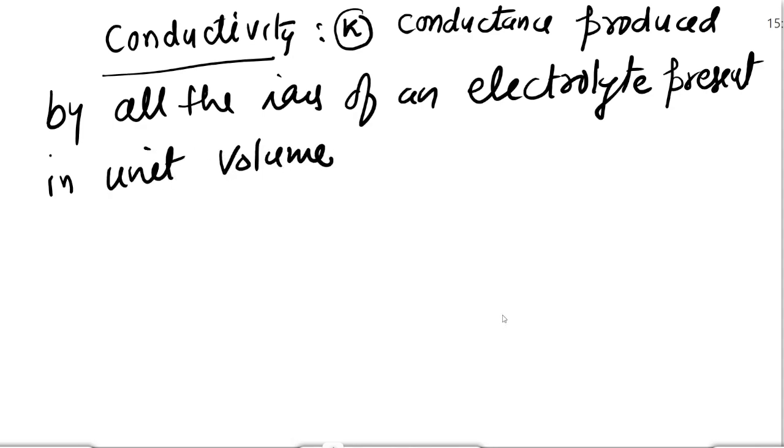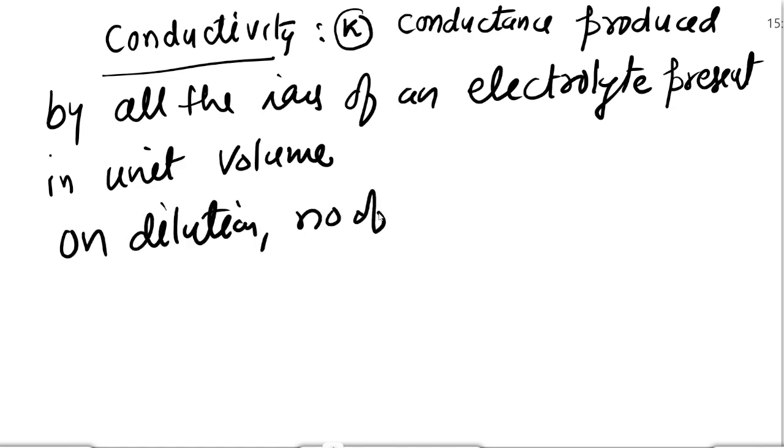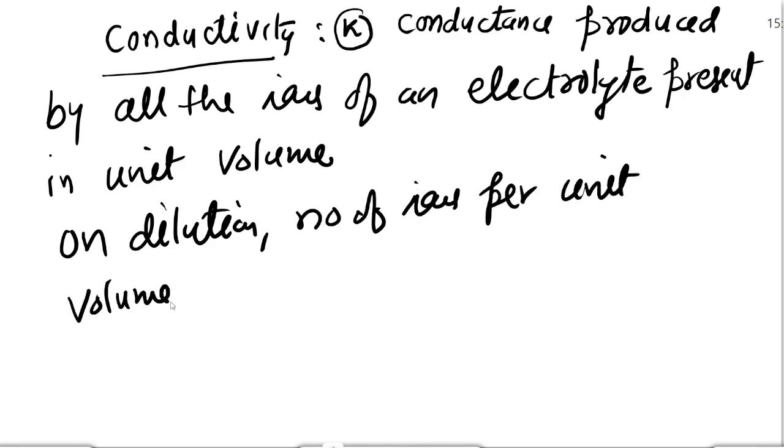That is conductivity actually. So on dilution, what happened? Number of ions per unit volume decreases, and therefore conductivity, that is kappa, decreases.